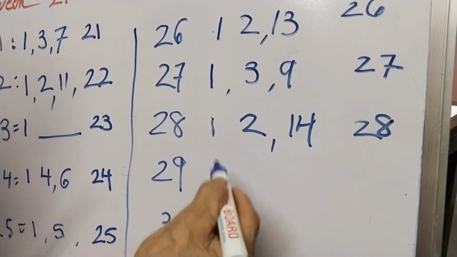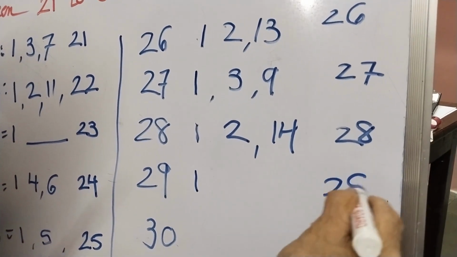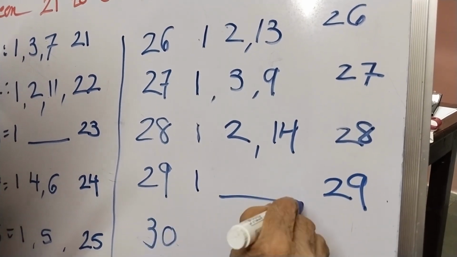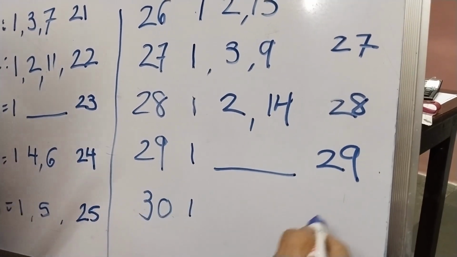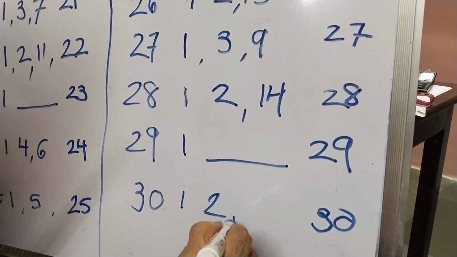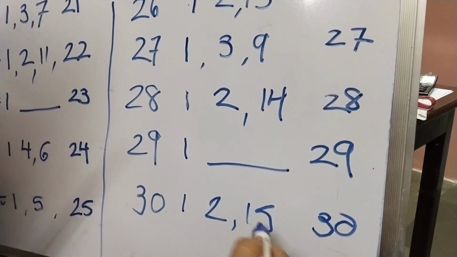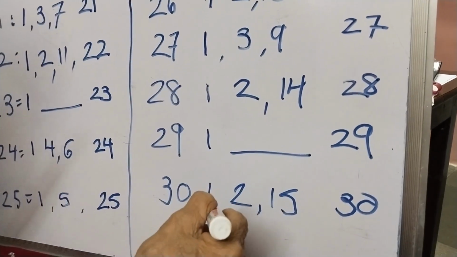Now the next one, 29. 1 is a factor, 29 is a factor, and in between there is nothing. Now 30. 1 is a factor, 30 is a factor, and in between there are several factors. Some of them we are going to write, 2 and 15, 15 2s are 30.